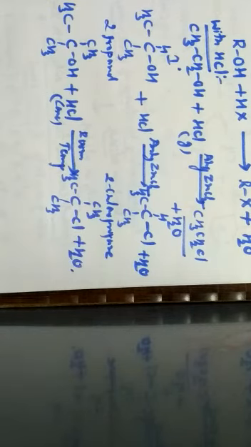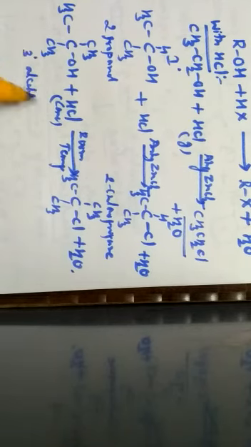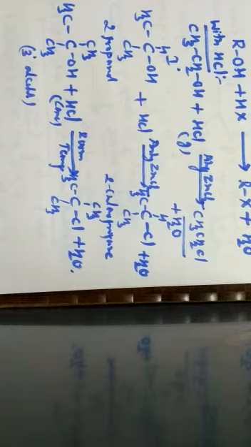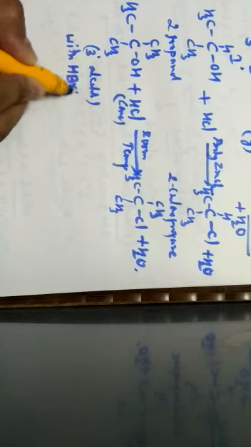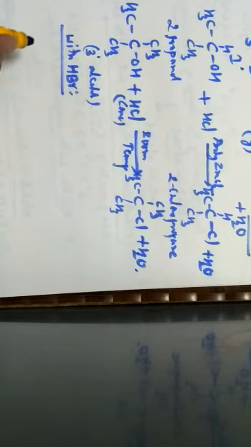So these are the reactions of primary, secondary as well as tertiary alcohols when made to react with HCl.